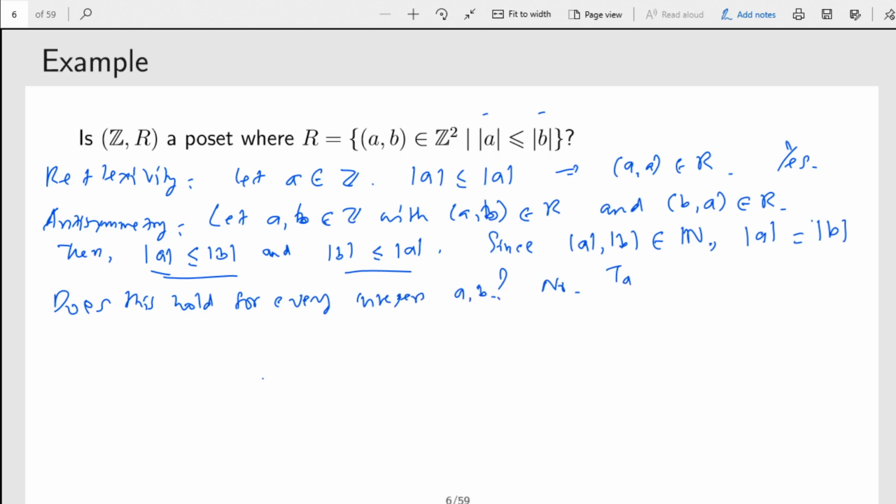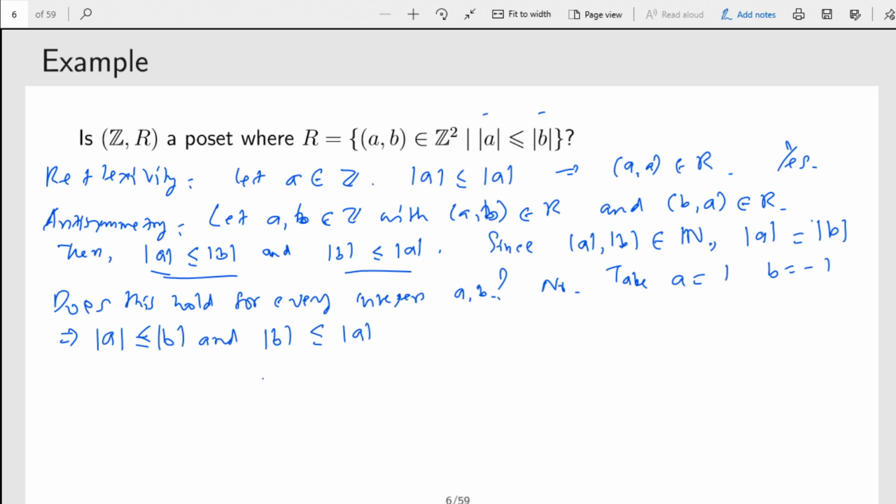So take a to be, say, 1 and b to be -1. We see that the absolute value of a is less than or equal to the absolute value of b, and the absolute value of b is less than or equal to the absolute value of a.